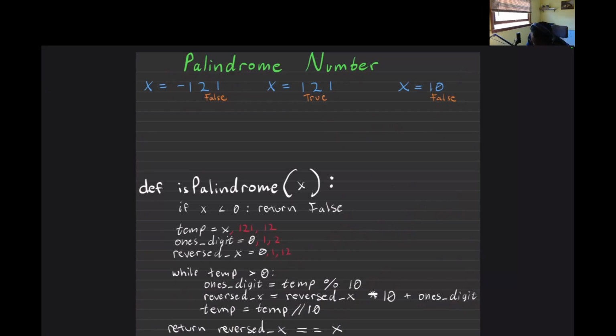It's 12. So now we're back here. So temp is equal to temp floor division by 10. So this floor division by 10, remember it's going to chop off the ones place. So this becomes a 1. And now we are back here. Is temp greater than 0? It is, right? 1 is greater than 0.